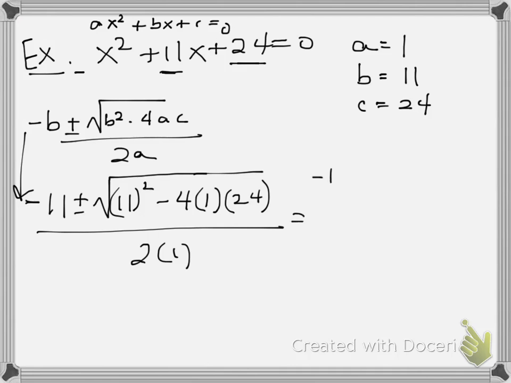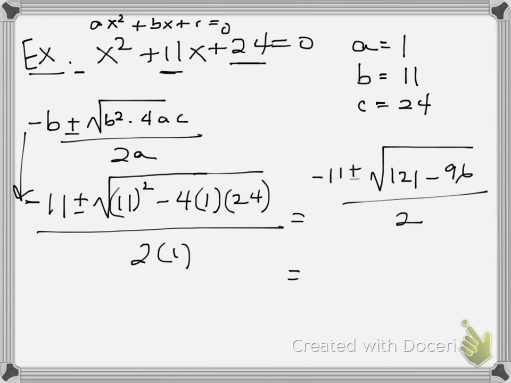So I have a negative 11 plus or minus the square root of 11 squared is 121, minus, okay, 4 times 1 is 4, and then 4 times 24 is 96. So 121 minus 96 over 2.